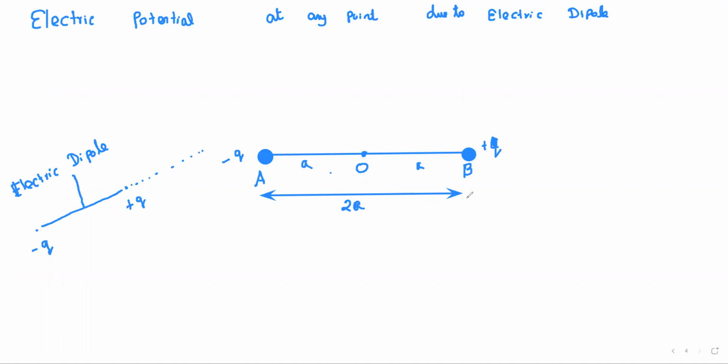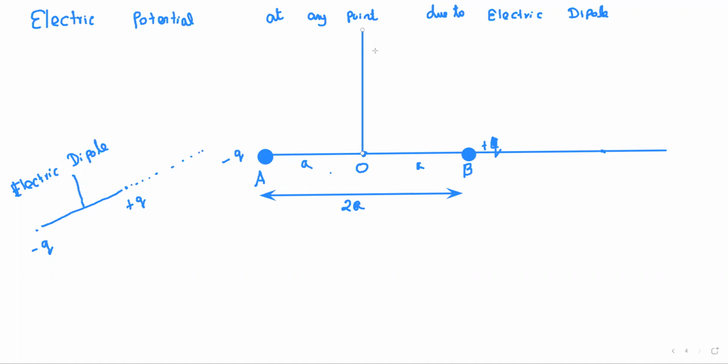Now in the previous chapter we took 2 points, one on the axial line and another on the equatorial line, and we found the electric field intensity at these 2 points.